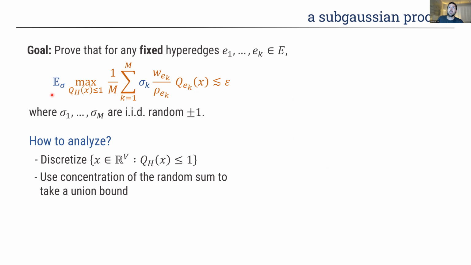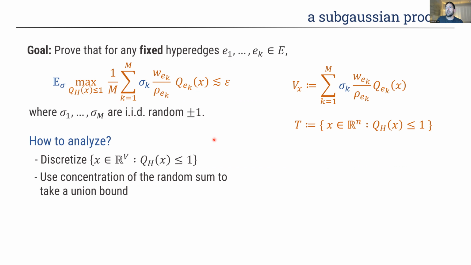Okay, but now our goal is to prove this bound for any fixed set of hyperedges. So let's just have some notation here. V_x is going to be this random sum. I just dropped the 1 over m because it's just a scaling. We can add it back later. And then the set of vectors I care about is the set of all x in R^n where the hypergraph energy is at most 1.